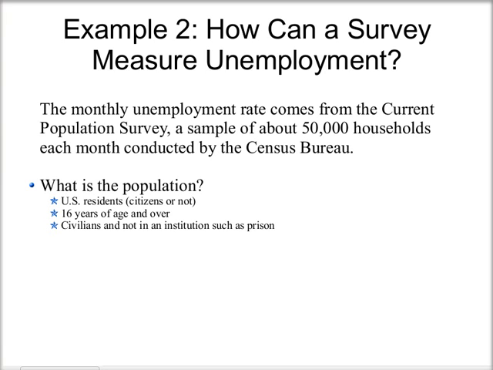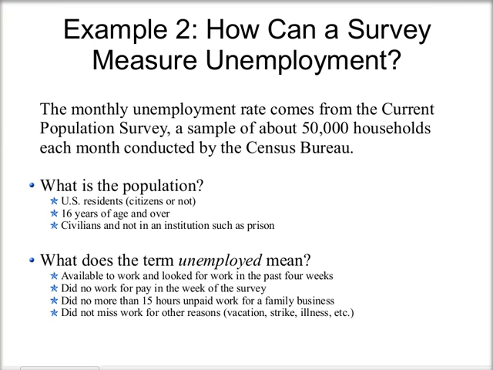So they also have to decide what exactly they mean by unemployed, because if you ask someone just if they're unemployed, they could mean different things when they answer that by what they think about as unemployed. So they've defined it pretty narrowly here, and they're going to ask actually 4 questions to figure out whether you are unemployed or not.